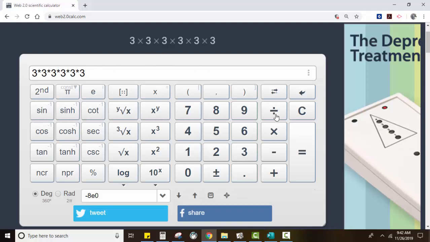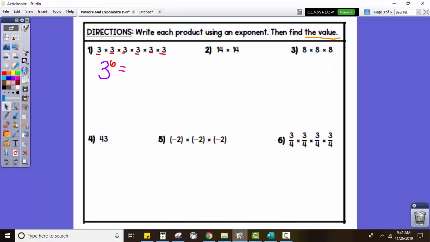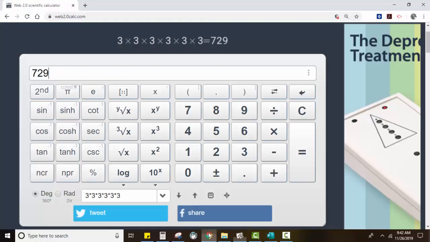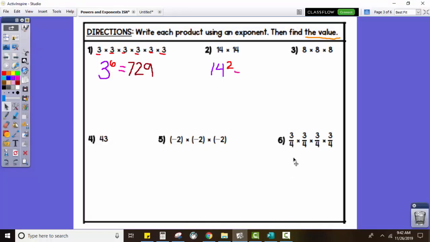Once I have the correct amount, I push equals, and I can see it equals 729. All right, 729. Number 2, I see I have 14 for my base, and it is twice, so 14 to the 2nd power. So if I type it on my calculator, 14 times 14, there's twice, equals 196.